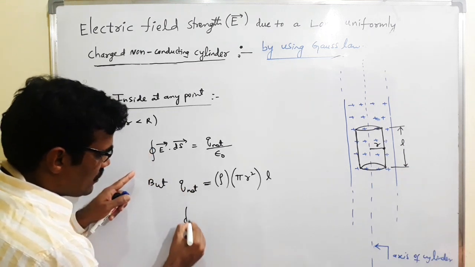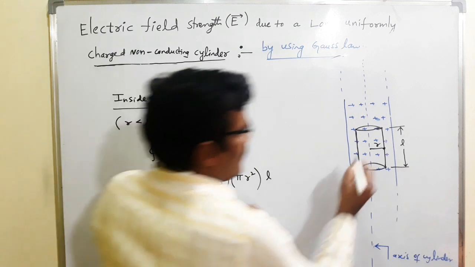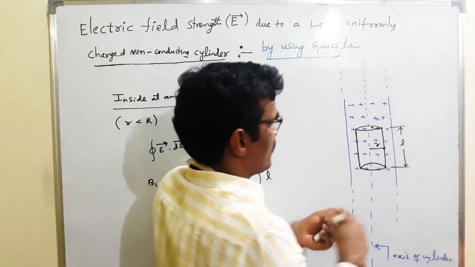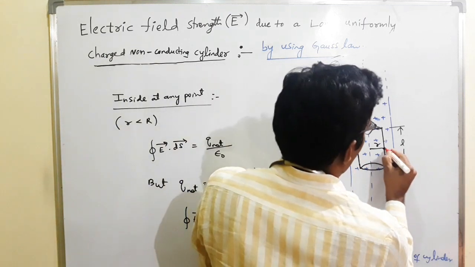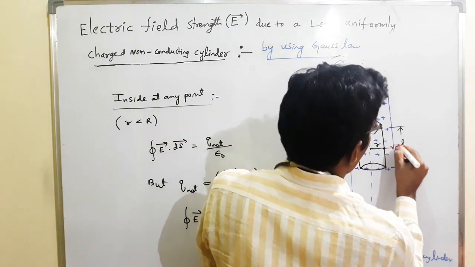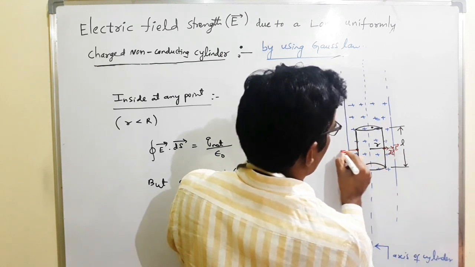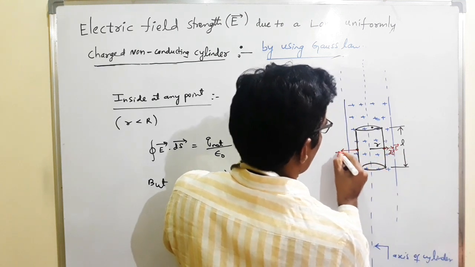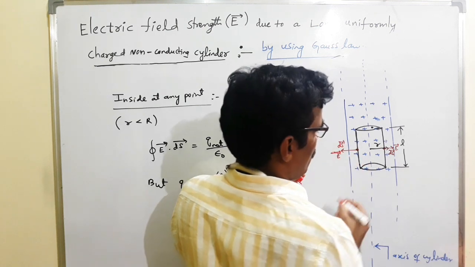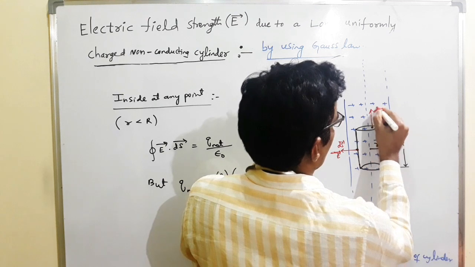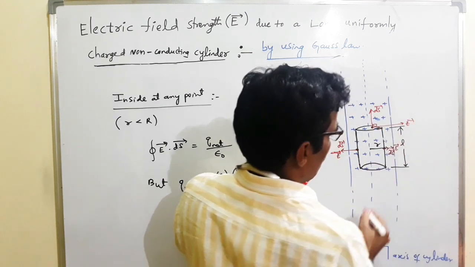Then for integration E bar dot ds bar, the flux at this point is 0. Here the field direction E bar is this side, and ds bar is also this side. E bar and ds bar are in the same direction. At the flat face, ds bar and E bar, what is the angle? 90 degrees.